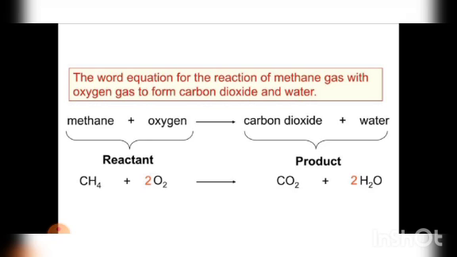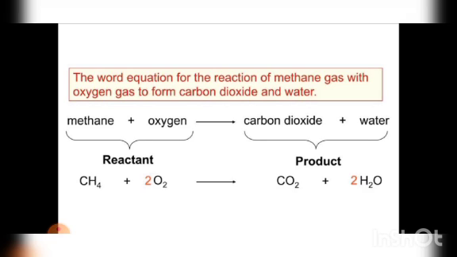To make it four, we multiplied H2O at the RHS and O2 at the LHS with 2. Now we have 4 oxygen in reactants and 4 oxygen in products. So this has been balanced.